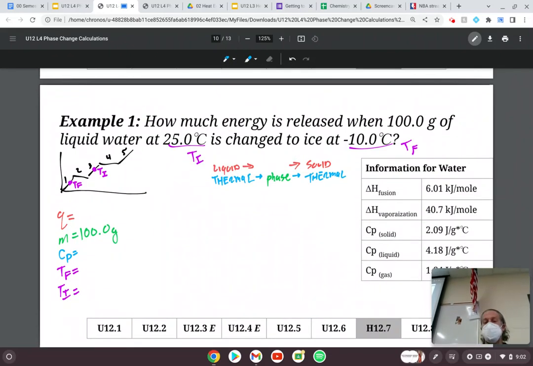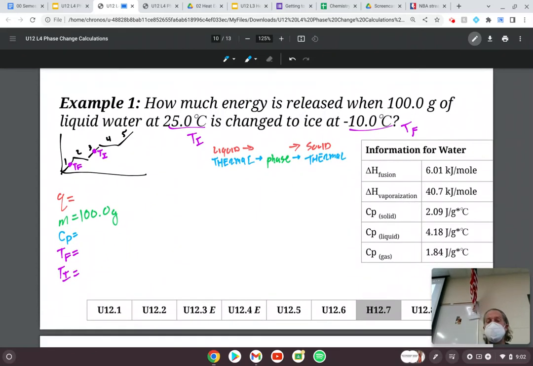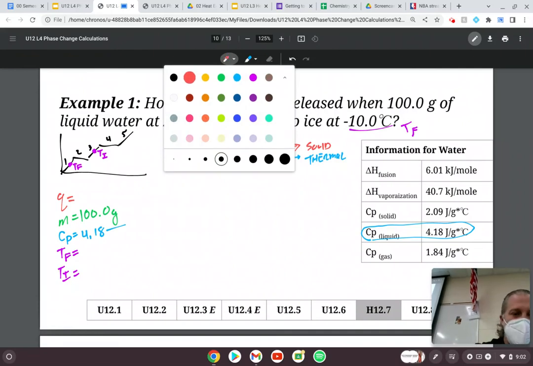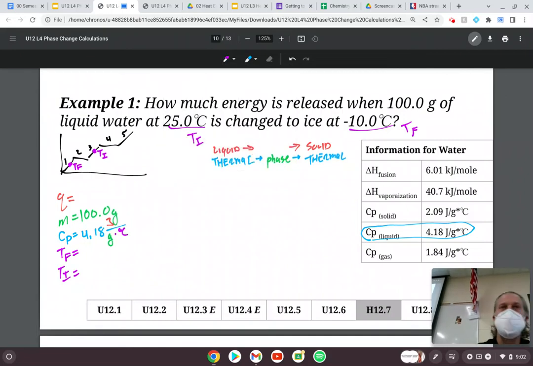The CP in this case is for water, and we've already decided that we're liquid, so I need to use this one. I'm going to use the 4.18, joules over grams times degrees Celsius. And my initial temperature is 25 degrees Celsius.